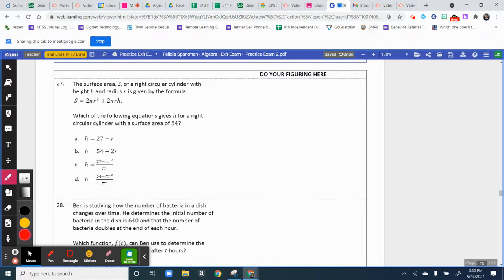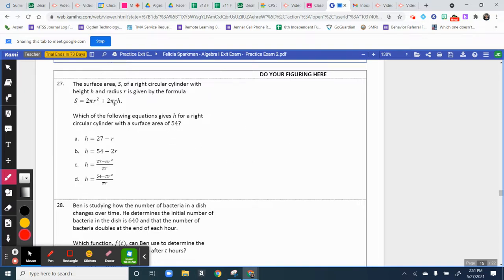27. The surface area S of a right circular cylinder with height h and radius r is given by the formula S equals 2 pi r squared plus 2 pi r h. Which of the following equations gives h for a right circular cylinder with a surface area of 54?